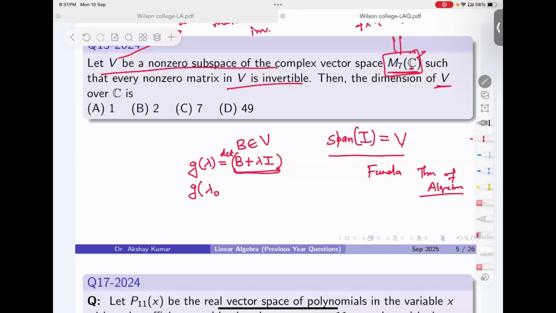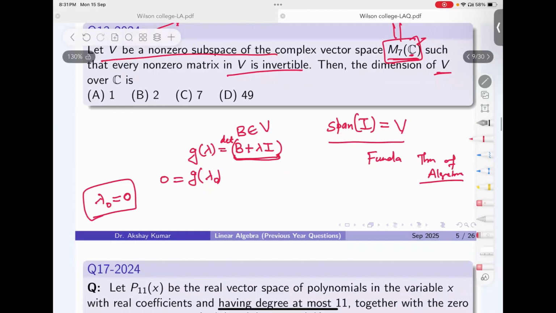So g of lambda naught equals 0 for some lambda naught. Can this lambda naught be 0? No, sir. Why? Because if we put lambda naught equal to 0, the determinant of B plus 0 times I equals the determinant of B, which is not zero because B is invertible.